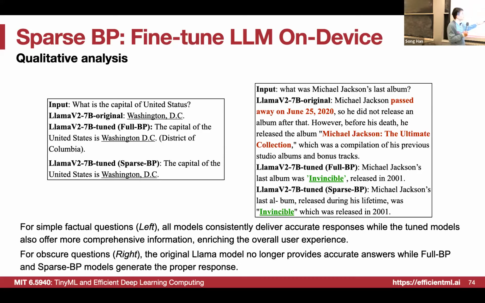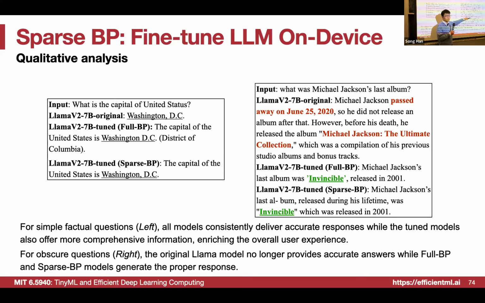On the right-hand side, what is Michael Jackson's last album? The original model says he passed away in 2020, and the last album is Michael Jackson, The Ultimate Collection, which is actually not correct.